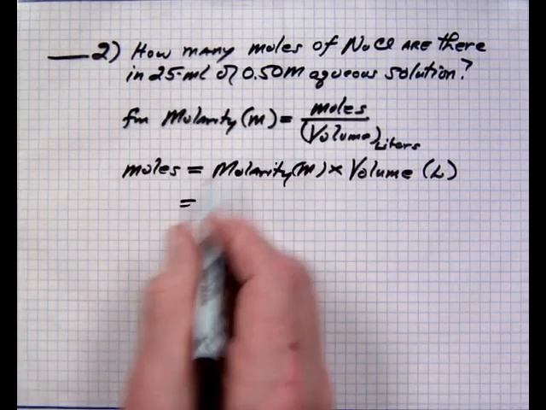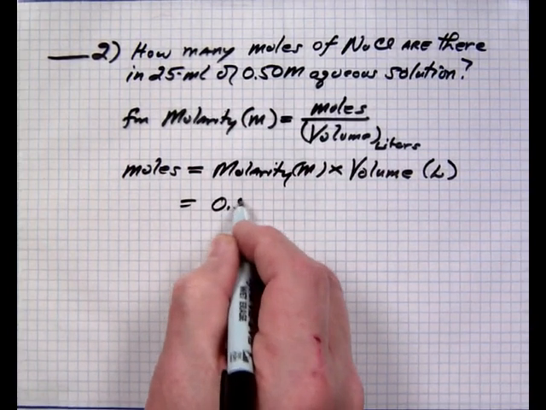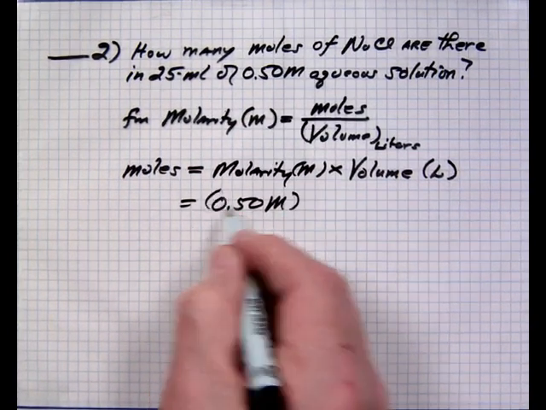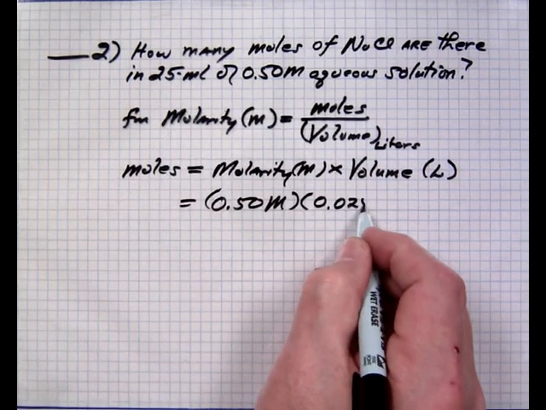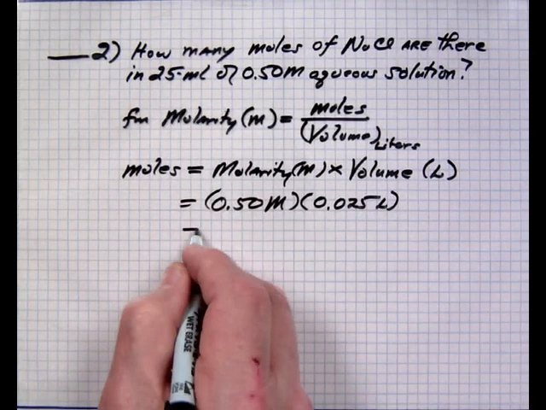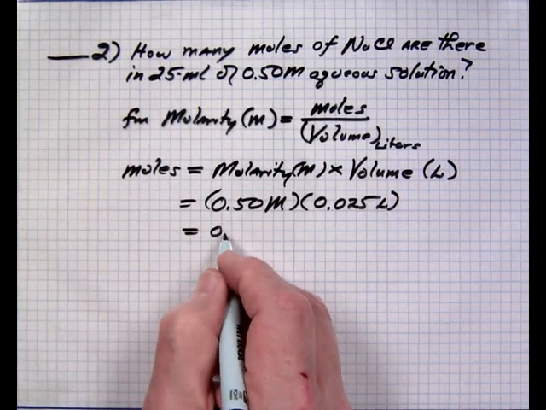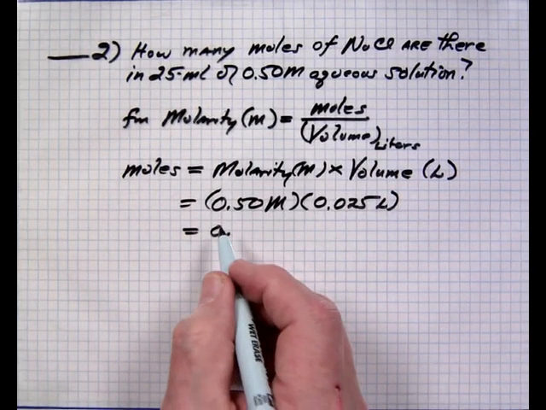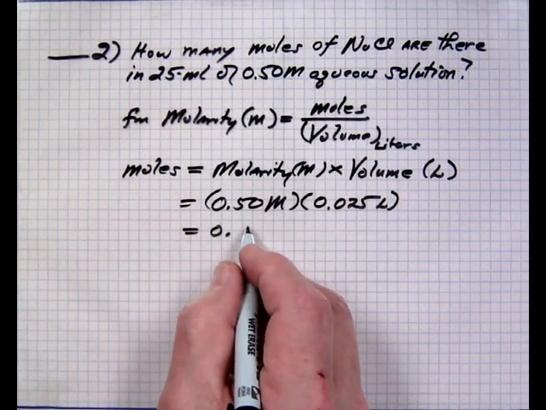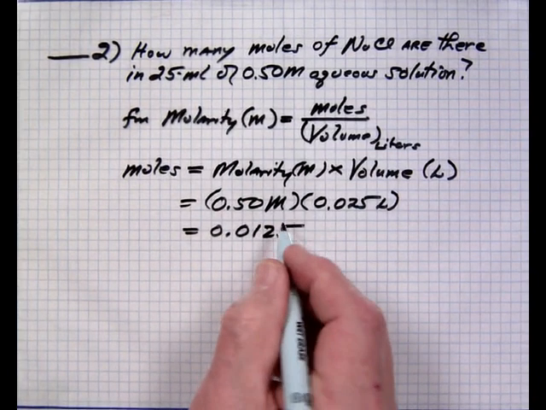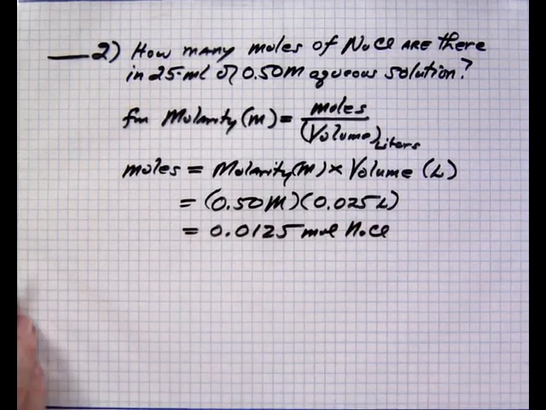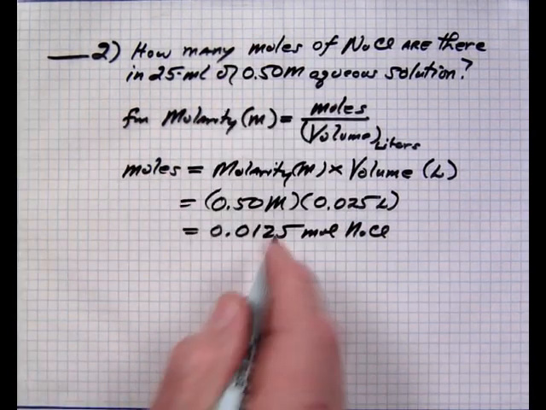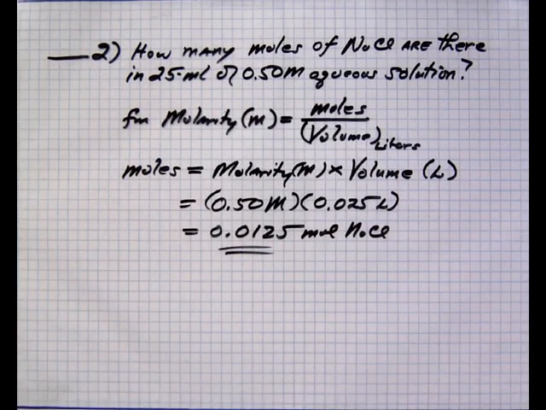So in this case, we have a molarity of 0.50 molar times a volume of 25 mils in liters, which is 0.025 liters, and that is 0.0125 mole NaCl in the solution. That is, again, a choice. All right.